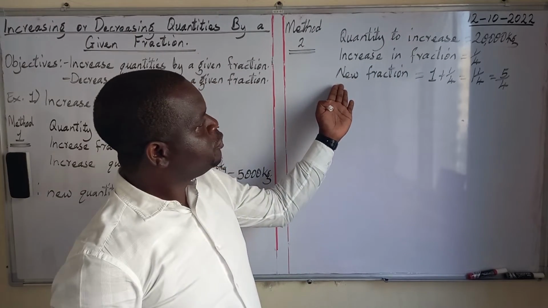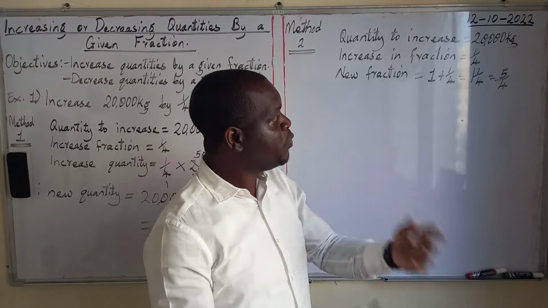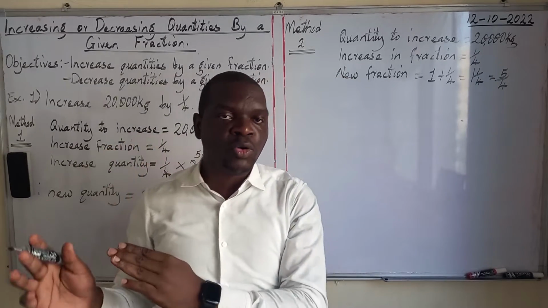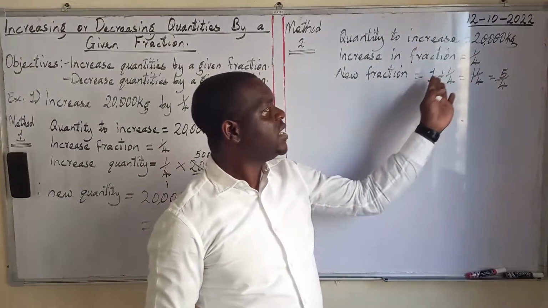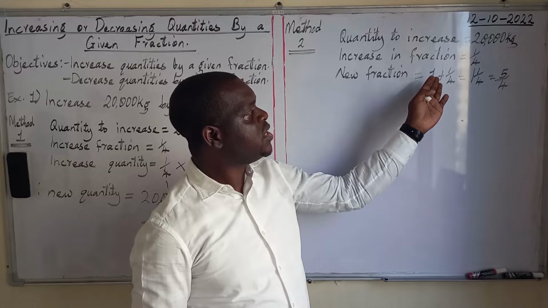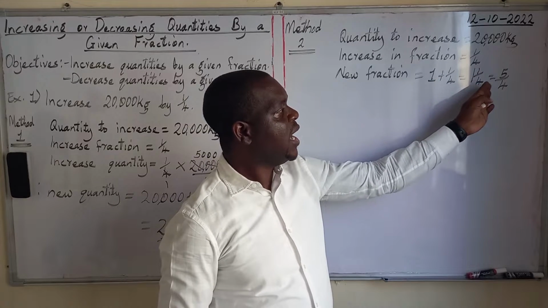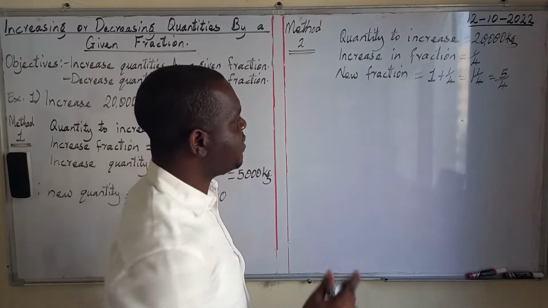Here we've introduced a new fraction. This is the increase in fraction. The fraction by which you have to increase is 1/4. So the new fraction will be a whole because we had a whole and we are increasing by this. That's why you find 1 here. So it is 1 plus 1/4, which is 1 1/4. And if you change this to an improper fraction, it's going to give 5/4.